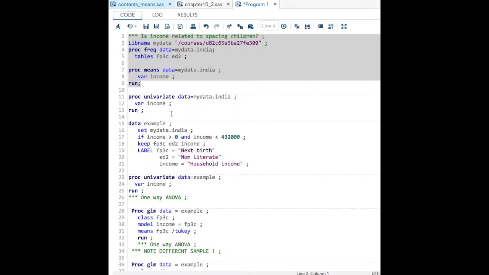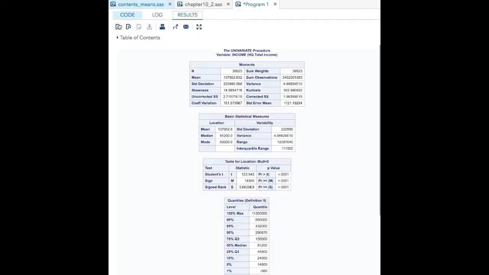Just to be sure, I'm going to run a proc univariate. And I do. And the two things that I'm interested in here are the kurtosis and the skewness. Now, a normal distribution has a skewness of 0 and a kurtosis of 0 with SAS. So if you have a kurtosis of 502, that's pretty darn high.